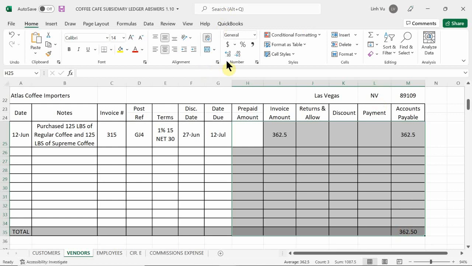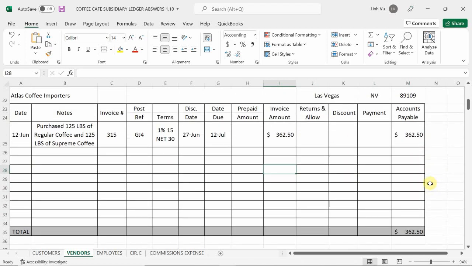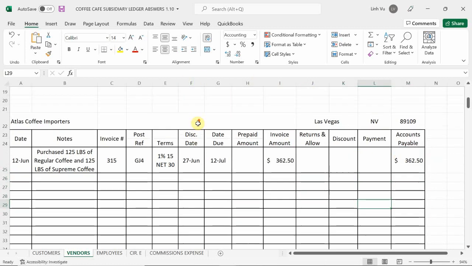Okay, with this bill, okay, we owe $362.50. Okay. Yeah, that's fine. Okay.